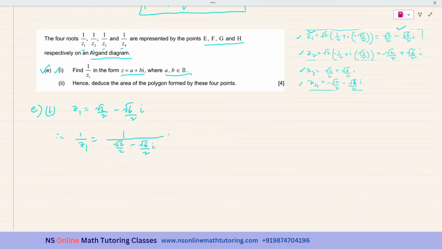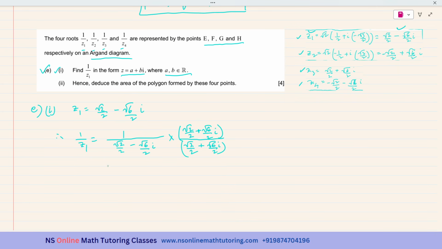And now we have to multiply with the complex conjugate, root 2 over 2 plus root 6 over 2i, on both the numerator and the denominator.